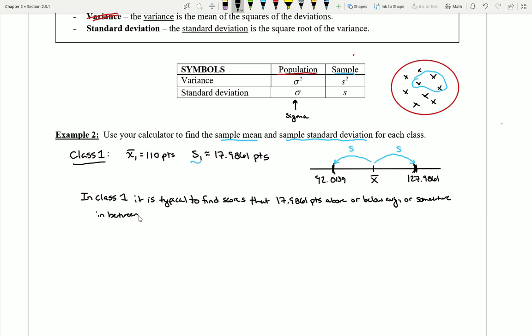This is the idea of my interpretation. I'm giving a sense of what a typical score looks like based on how far above or below average it's common to go.